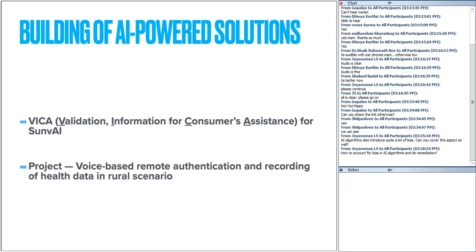The first example is from our own consumer solution from SunvAI. If people have a consumer issue, they can go to the portal, the website, and self-validate the issue. Otherwise they may not know the law, and will not know whether the issue is valid or not, right?